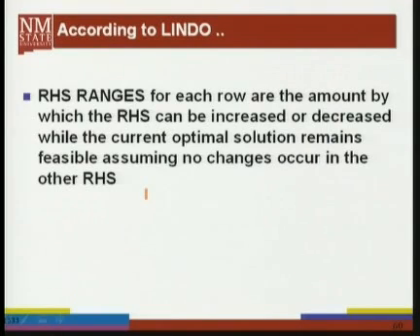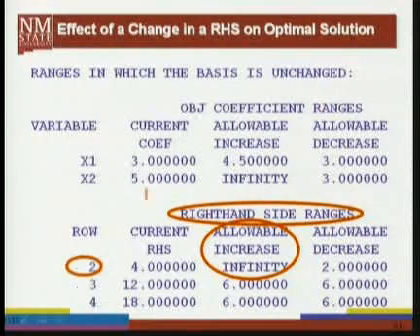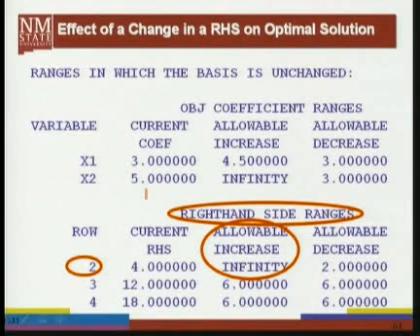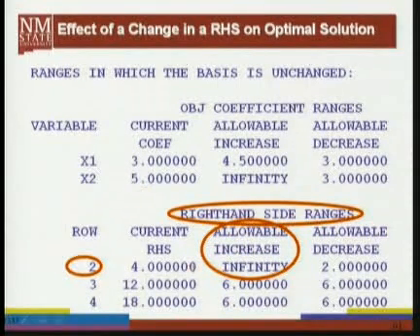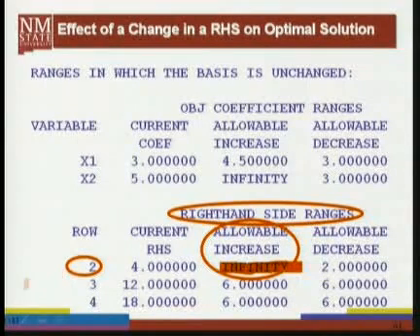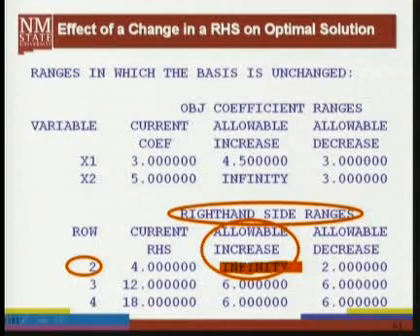Okay? And we've known that increasing the value of B1 doesn't affect the current optimal solution. So we have infinity as the allowable increase limit of B1, over which the current optimal solution remains feasible and the current set of binding constraints remains the same as before, okay?